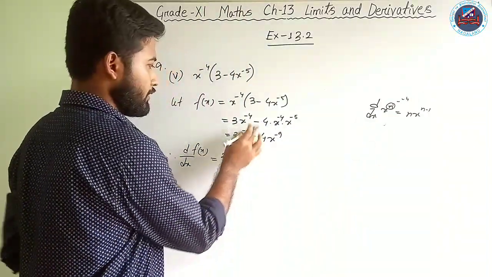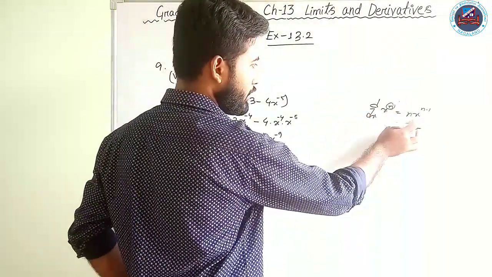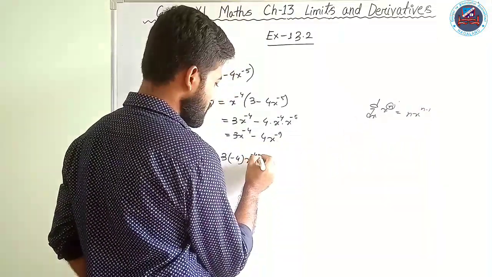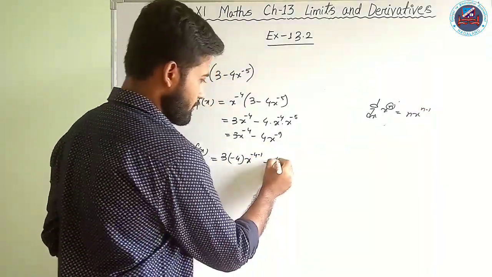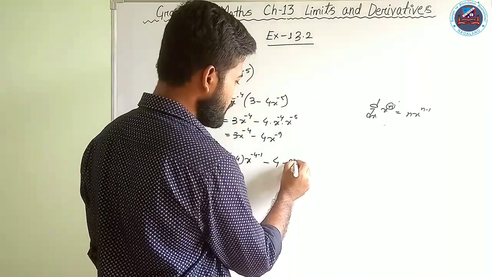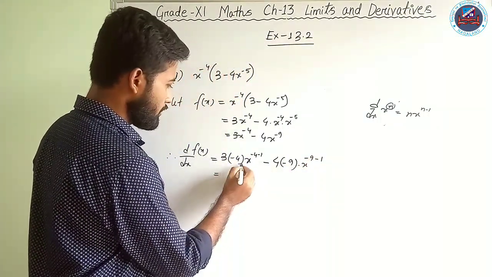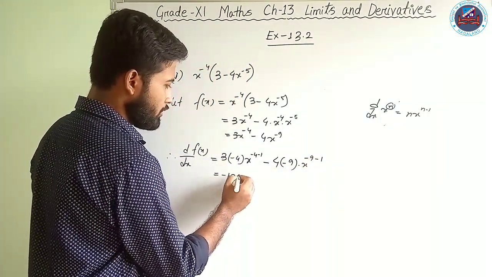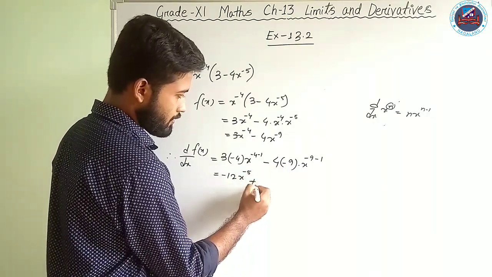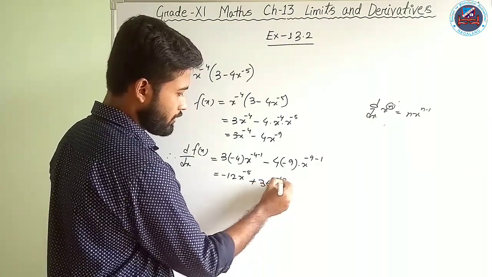So keep the 3 aside, and we write −4 into x^(−4−1), minus, we have a constant here, take the derivative of this, so it will be −9 into x^(−9−1). This will give us −12x^(−5), and minus minus plus 9 times 4 is 36x^(−10).